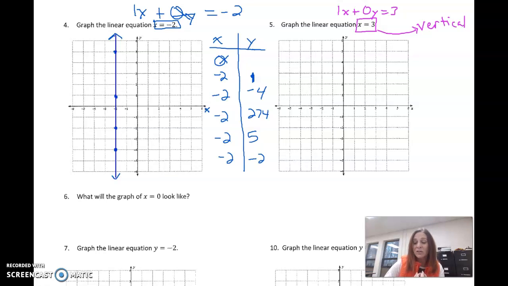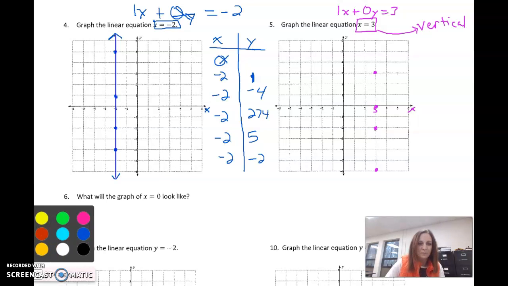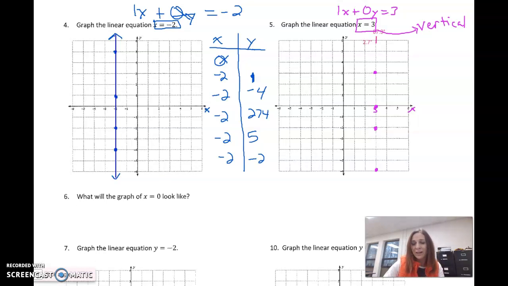Because the x values always have to be 3. So here's my x-axis, here's my 3. If I were to plot points, the left to right movement always has to go to 3. (3, 0), (3, 3), (3, -2), (3, -6). X equals a number is always going to be a vertical line.